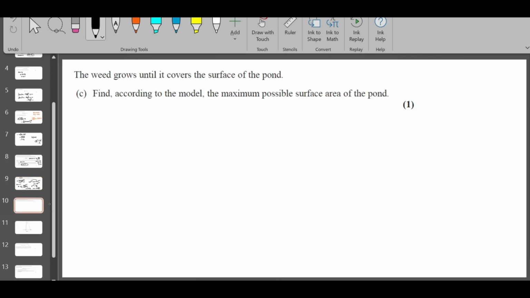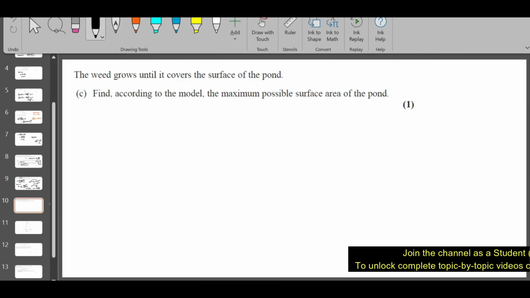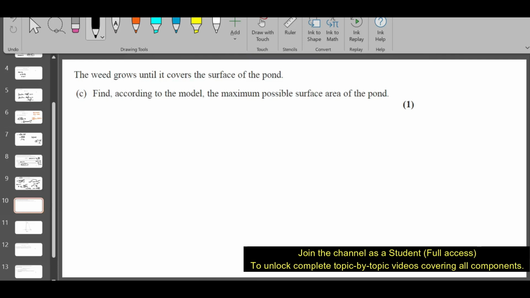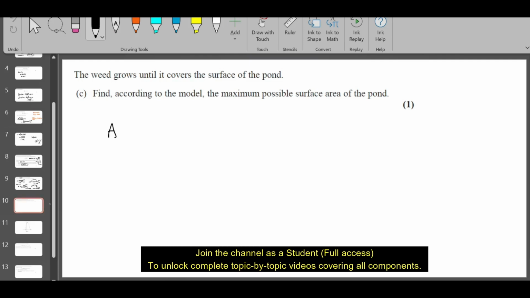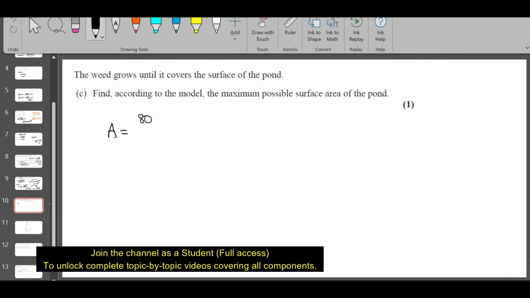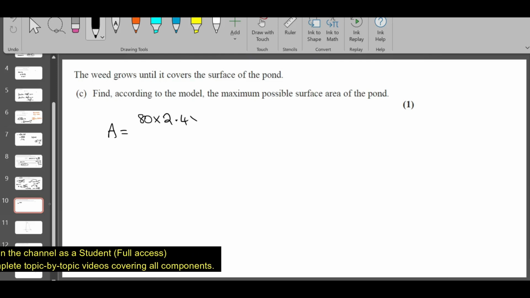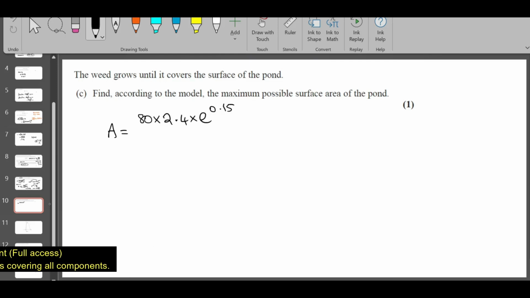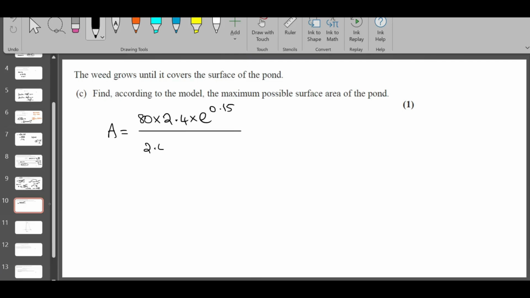Part C now. The weed grows until it covers the surface of the pond. Find, according to the model, the maximum surface area. Okay, I'm going to use the equation again. 80 times 2.4 times e to the power 0.15t divided by 2.4 e power 0.15t plus 4, right?